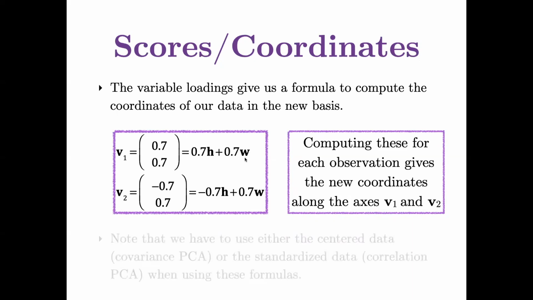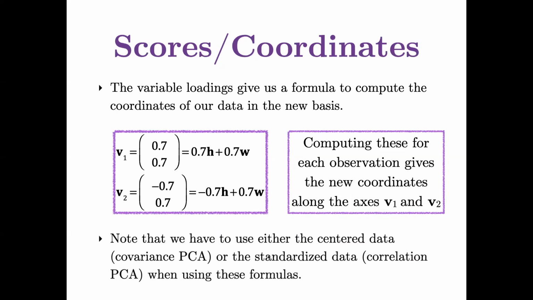Now, there's a big caveat here: the heights and weights that I've collected, I'm thinking of them as centered data to begin with, or standardized data if I'm using correlation PCA. So when I see these formulas, I would take 0.7 times the individual's height minus the mean height, plus 0.7 times the individual's weight minus the mean weight.